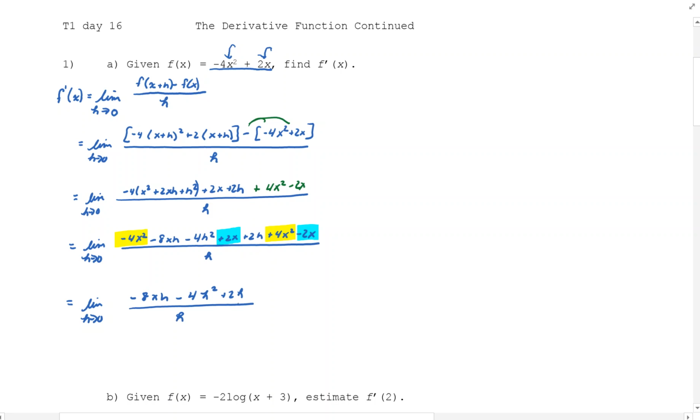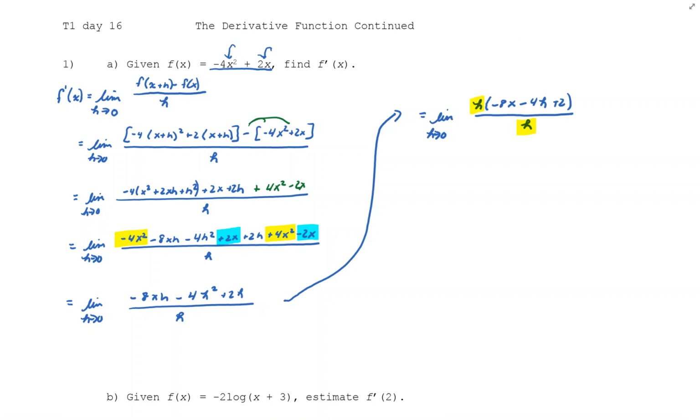Now I'm running a little low on space, so I'm going to bring it up here. This equals the limit as h goes to 0, and I can factor out an h on the top, and I have negative 8x minus 4h plus 2 all over h, which is going to cancel, which gives me the limit as h goes to 0 of negative 8x minus 4h plus 2.